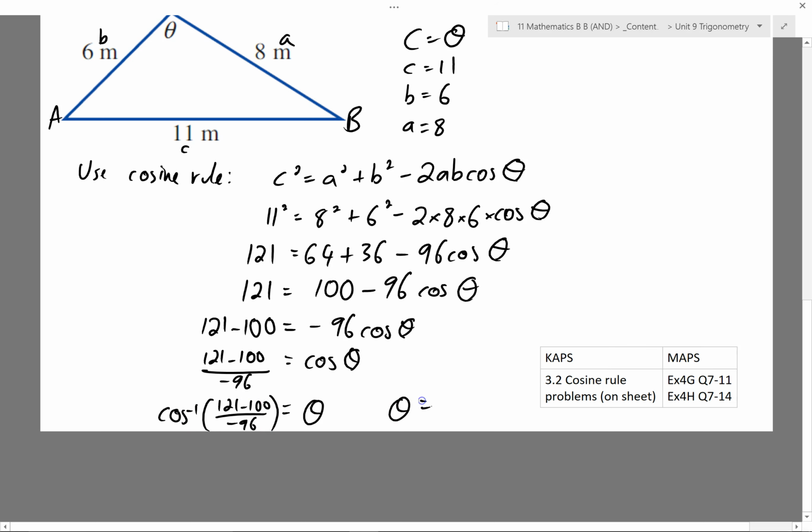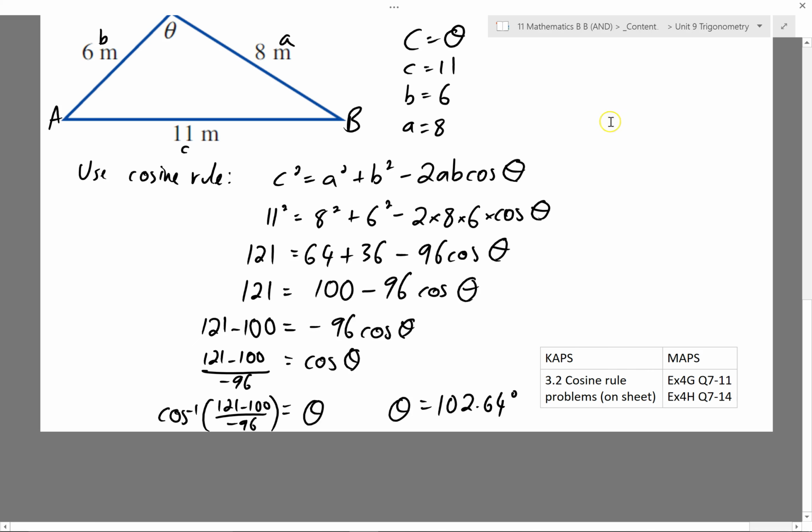I ran out of space, but put it in your calculator. 102.64 degrees as that angle. Okay, some people might be more comfortable from here just leaving everything in the squared form, if they want, and then solving for the theta like that. Okay, that's fine as well.